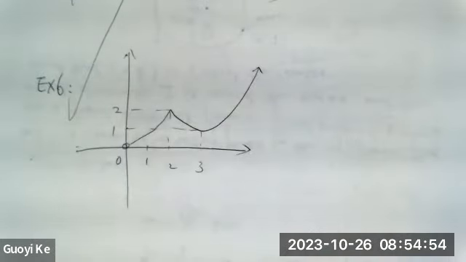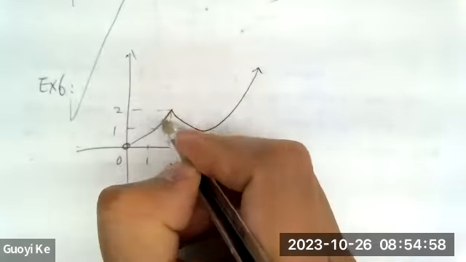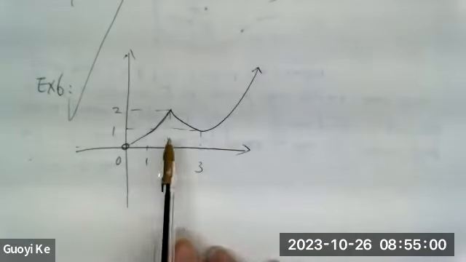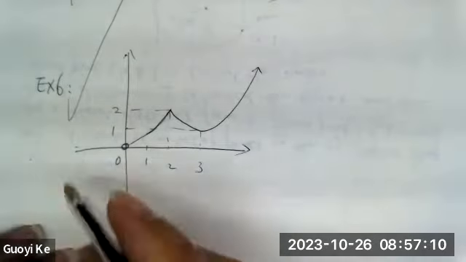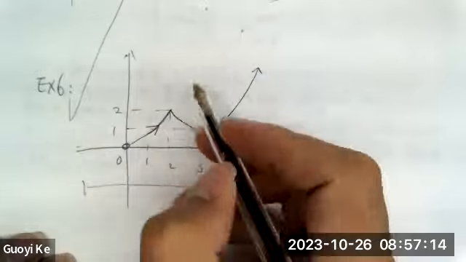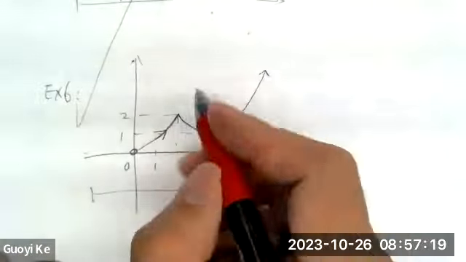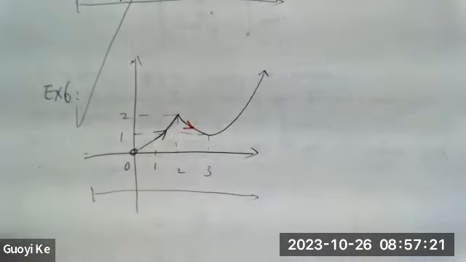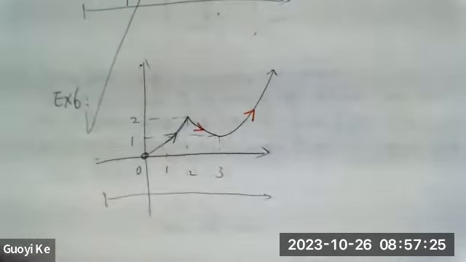Find the increasing, decreasing, constant. Here is an open circle. Let me write down the answer. From left to right, it goes up, and here it's going down, and here goes up. Oh, sorry.